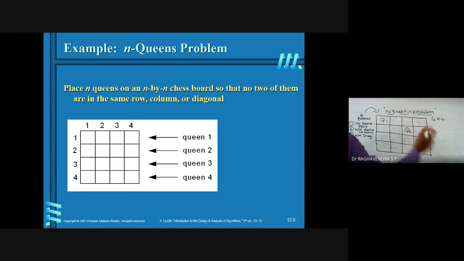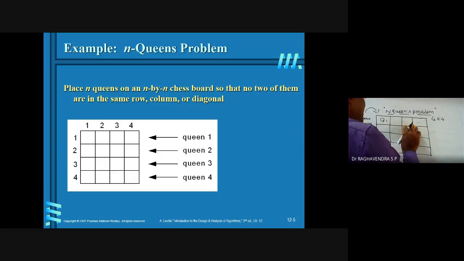Next, the third queen I have to place now. I cannot place here because a column wise clash will occur. Can I place Q3 here? It is not possible because of the diagonal clash with Q2. I cannot place Q3 here because of a column wise clash with respect to Q2. And I cannot place Q3 here because once again there is a diagonal clash with Q2. So that is why this particular combination won't work.